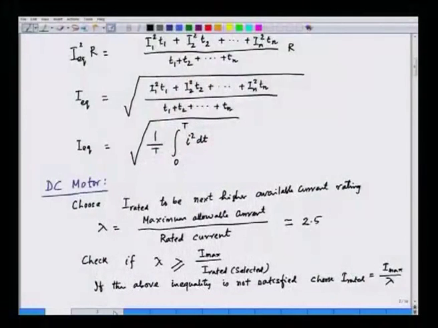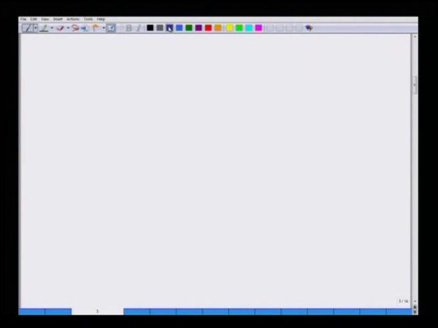What about induction motor? In induction motor, we are not bothered about the commutation, because commutation does not happen in induction motor, but we are bothered about the breakdown torque or the peak torque. So, let us see how we select the motor rating for induction motor. So, right now we will be discussing about induction motor.